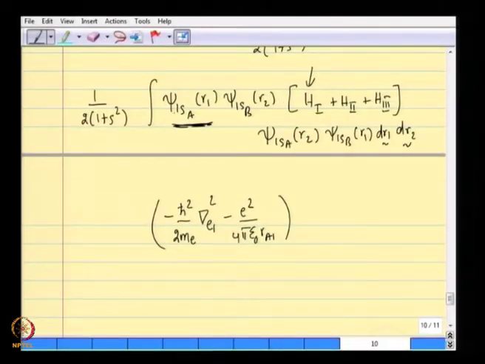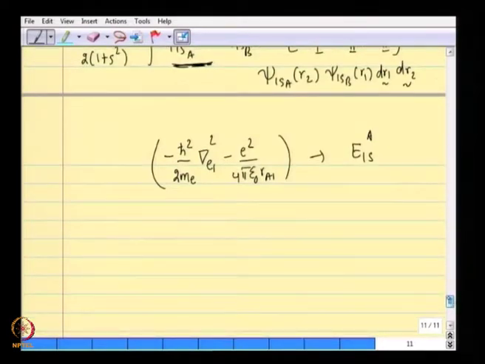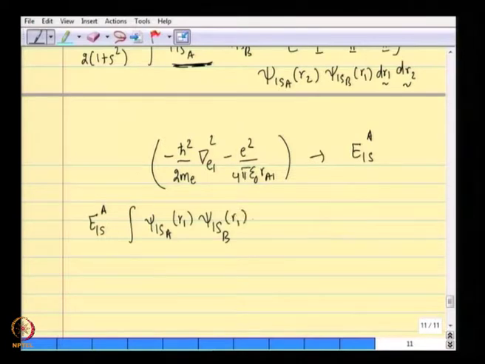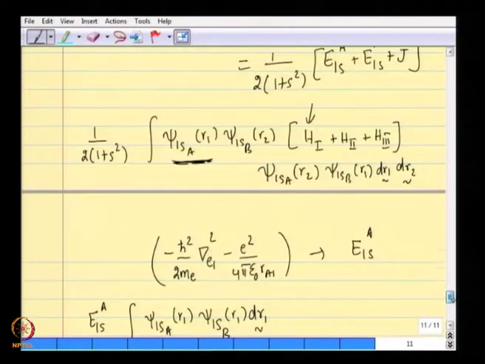And therefore, H1 acting on psi 1s A on the left hand side is going to give you psi 1s A times E1s A. This will give you E1s A again, except what is left over is, after this H1 acts on, E1s A times the integral psi 1s A of r1, psi 1s B of r1, dr1.